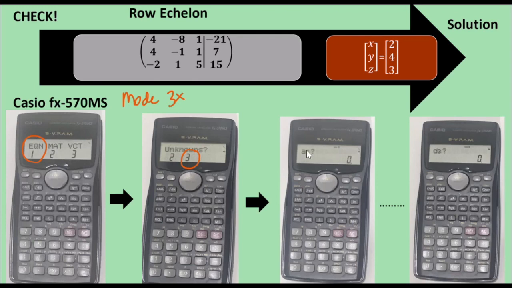And then enter the values of A1, A2, A3, and up to D3.